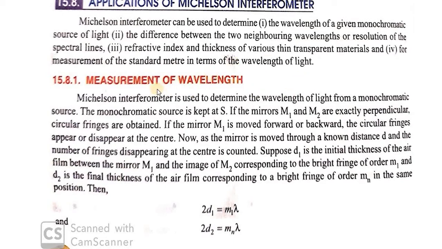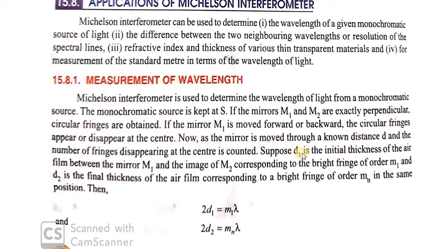The Michelson interferometer is used to determine the wavelength of light from a monochromatic source. The monochromatic source is kept at S, and if the mirrors M1 and M2 are exactly perpendicular, circular fringes are obtained. If mirror M1 is moved forward or backward, the circular fringes appear or disappear.